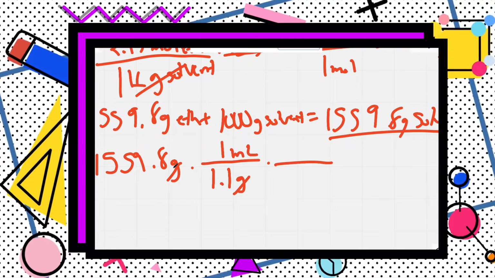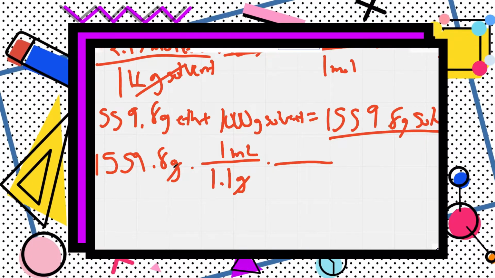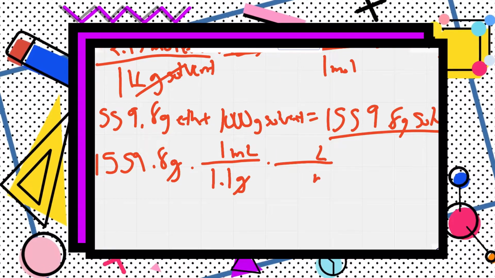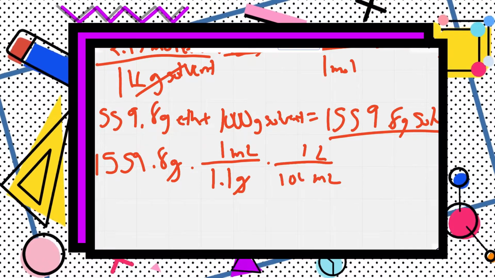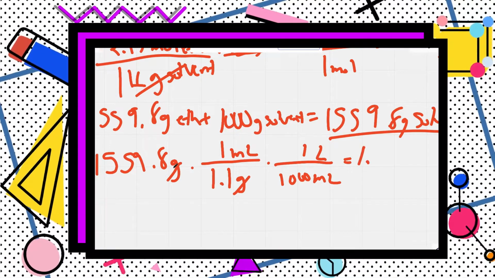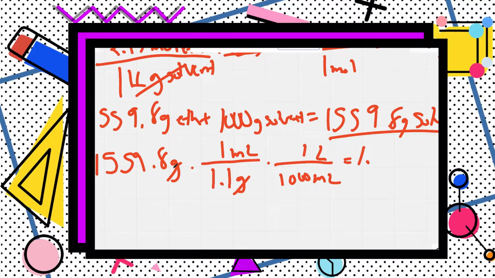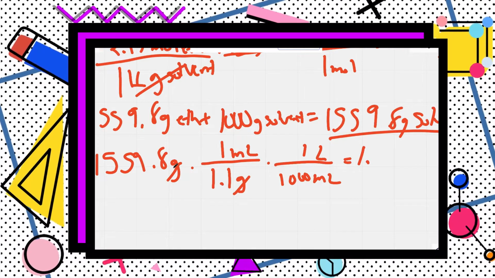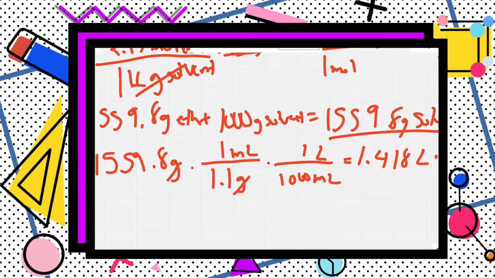If I just converted my mass of solution to milliliters, and I understand that they want molarity, I might as well convert this to liters, because molarity is moles over liters. So for every 1 liter, we got 1,000 milliliters. I'm going to do my math here. Top: 1559.8 times 1, divided by my bottom number, 1.1 times 1,000. That's going to give me 1.48 liters of solution.